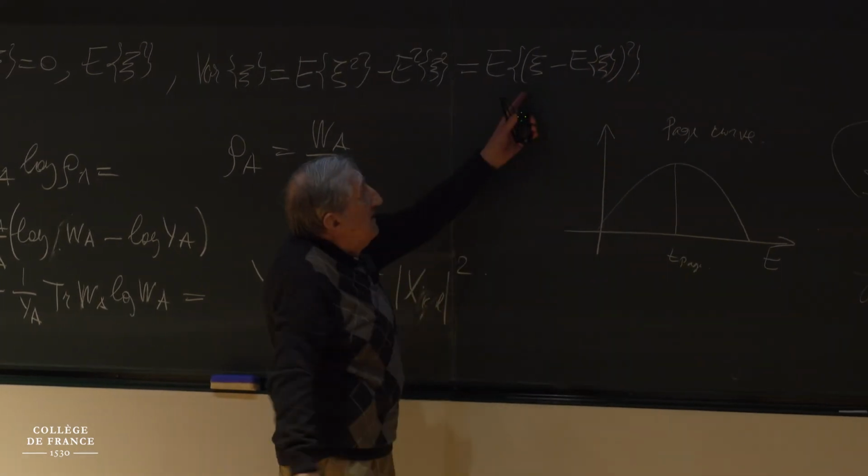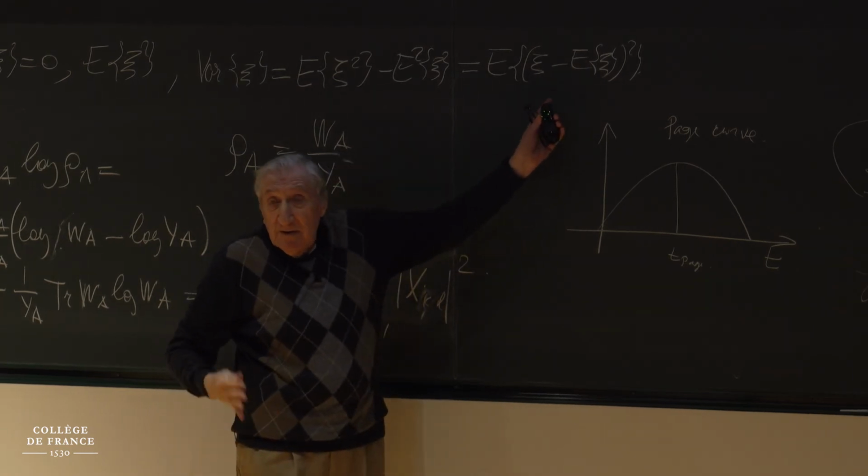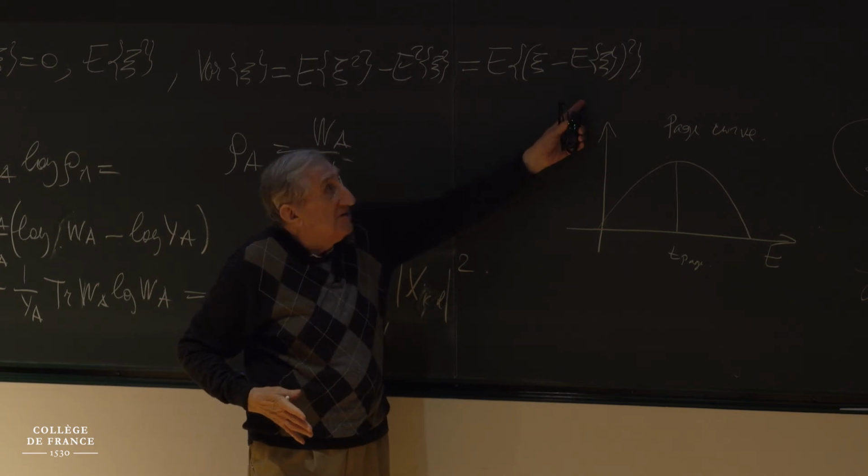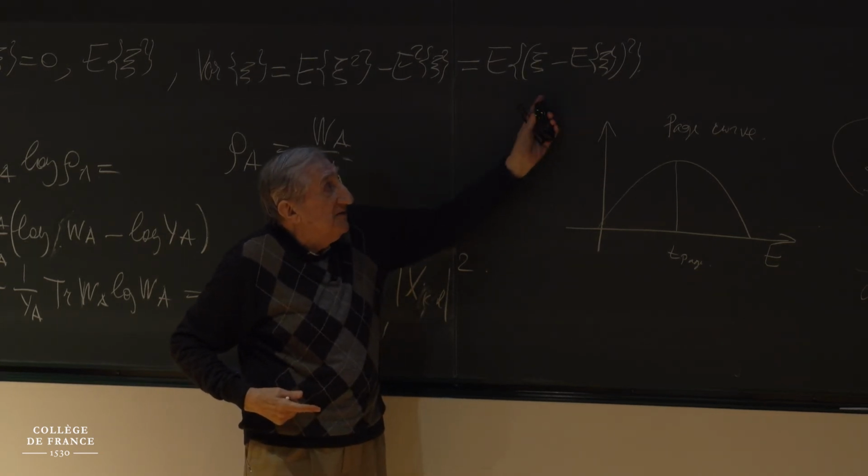So it is just how much your typical values differ from the expectation. This is the variance, if it tends to 0.